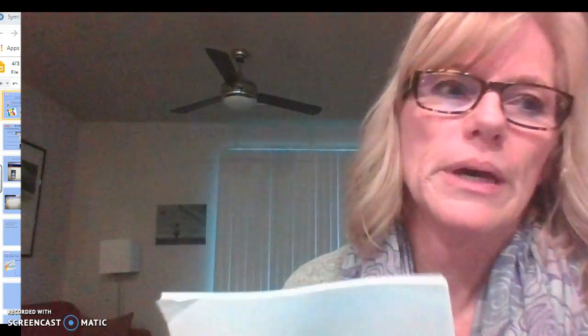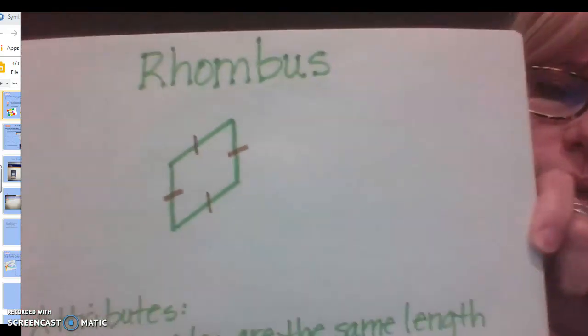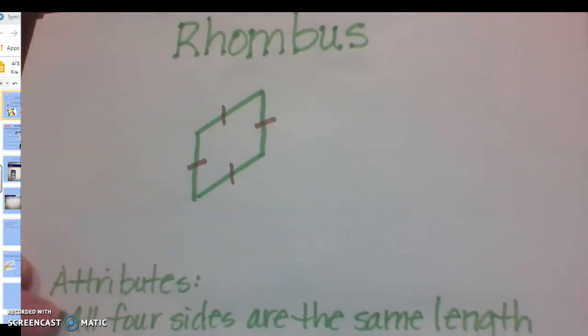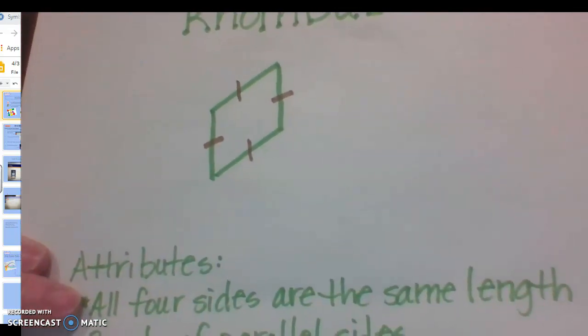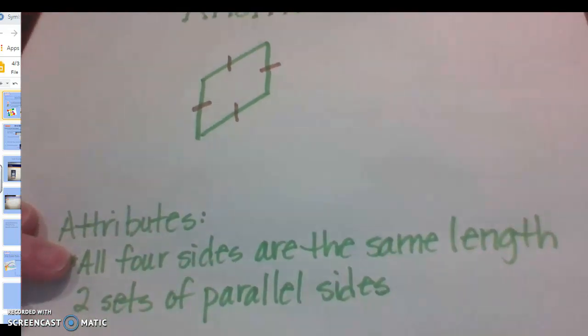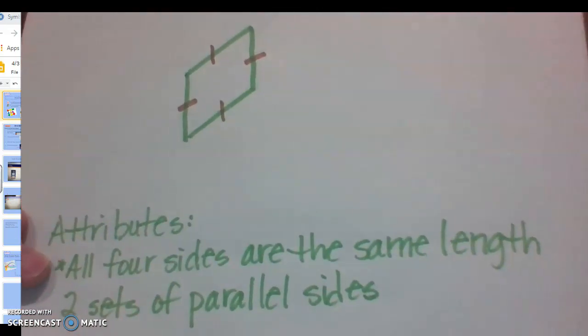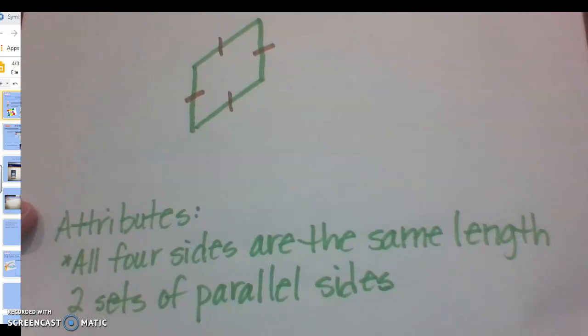Next one we're going to talk about is a rhombus. A rhombus is like what shape? You're right, it's a square. A rhombus is a square that's kind of been tweaked. Almost looks like a diamond, remember that? The attributes of a rhombus: all four sides are the same length. That's the same attribute as a square.